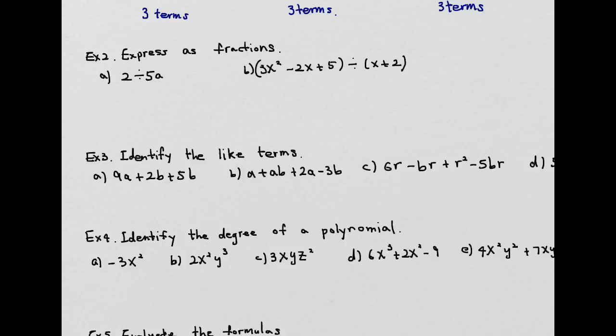Next problem is asking you to express as fractions. We know that division is the same as fractions. So if we have 2 divided by 5a, we can rewrite this as 2 over 5a.